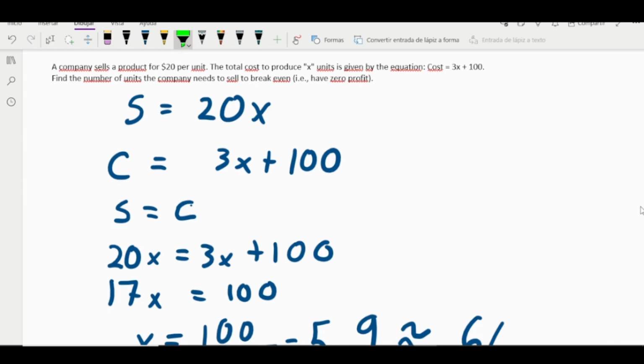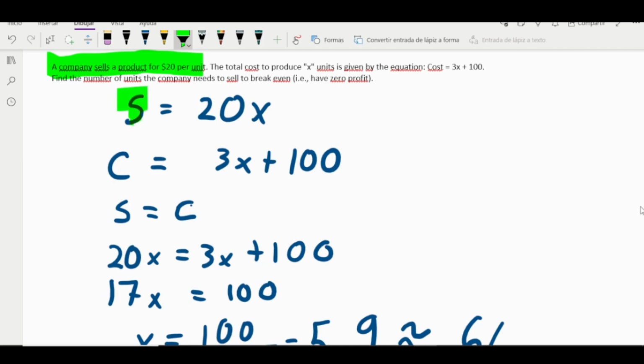So we can create the first equation, and something I recommend is to analyze this kind of word problem sentence by sentence, okay, part by part. So the first part: a company sells a product for $20 per unit.